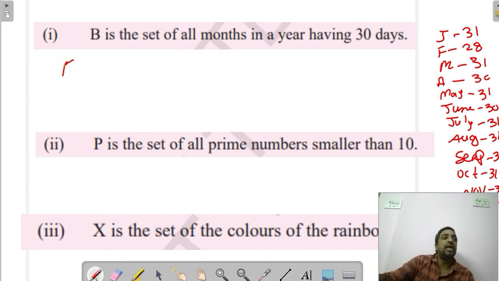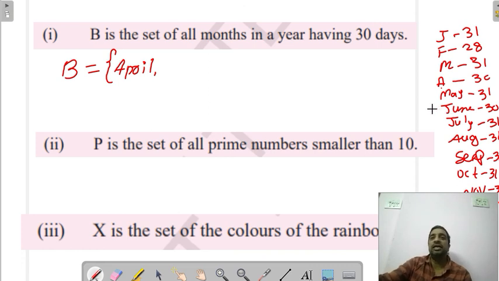Here he is asking that B is equal to the months in a year having 30 days. So January has 31, February 28, next March 31, April 30. Like that, you should write which month has how many days. Now write all the month names which have 30 days. The first one is April, correct?